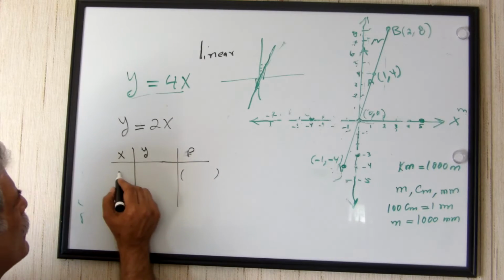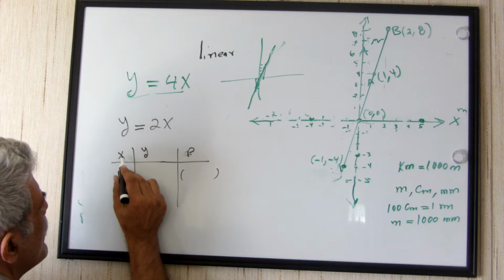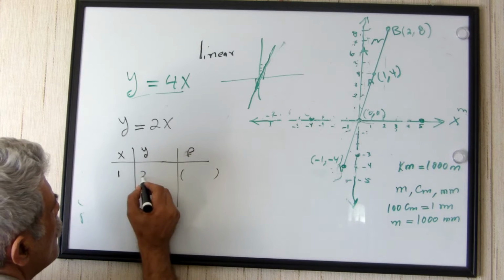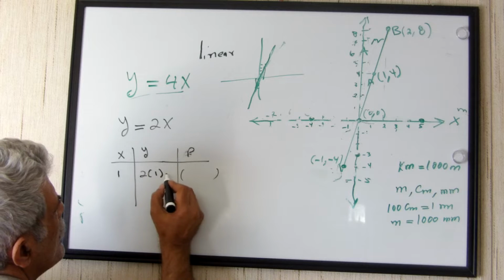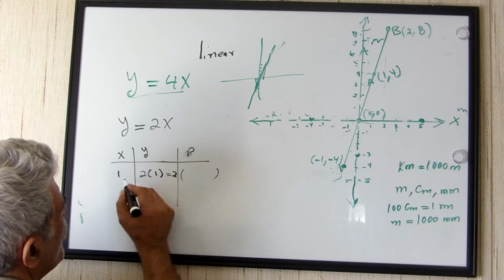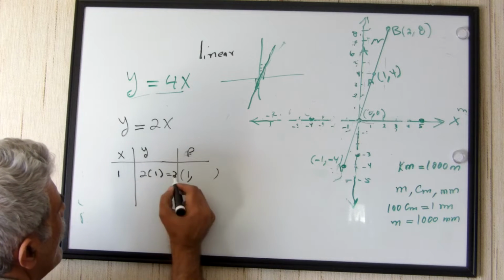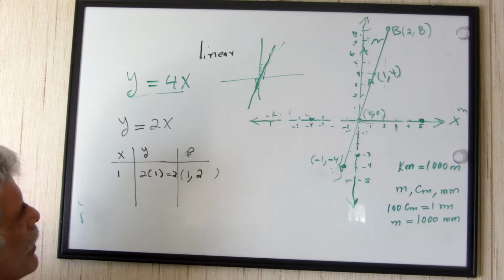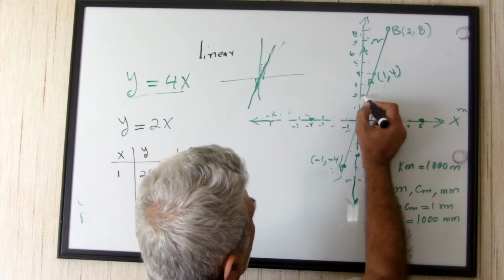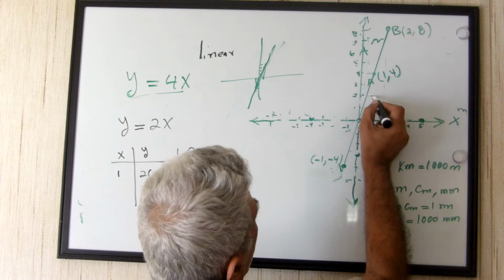Like if x is 1, y is 2 times 1, which is 2. So x is 1 and y is 2. It's somewhere around here.